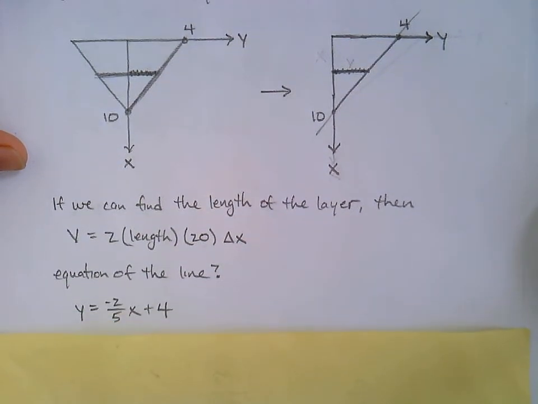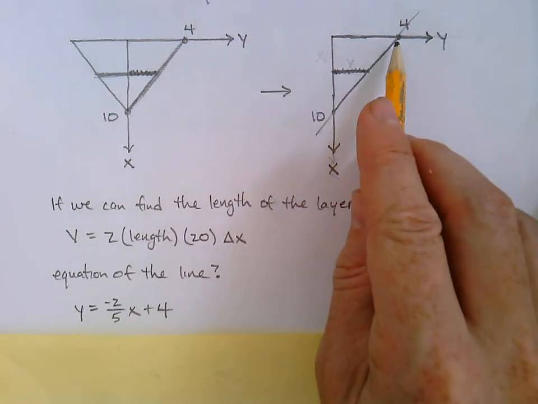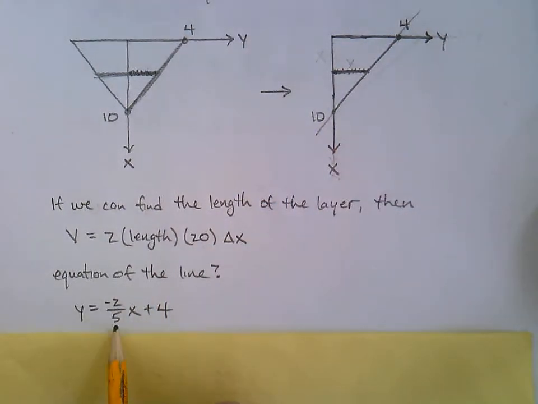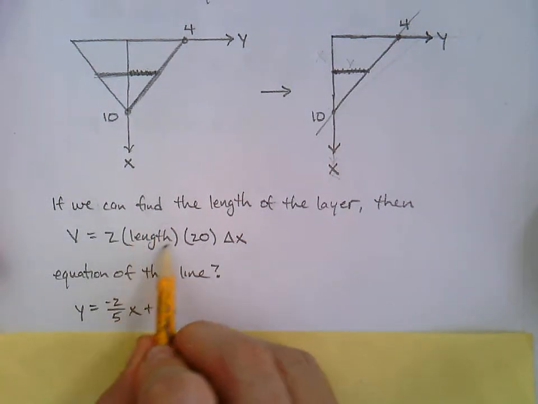So here you go. Y equals negative 4 over 10, or negative 2 fifths x plus, and what's the y-intercept of that line? Well, it's 4, where it passes through the y-axis. Negative 2 fifths x plus 4. So that's what we can put right there.